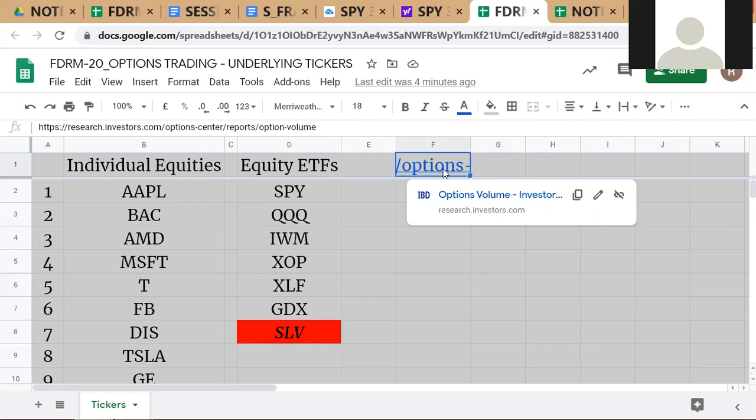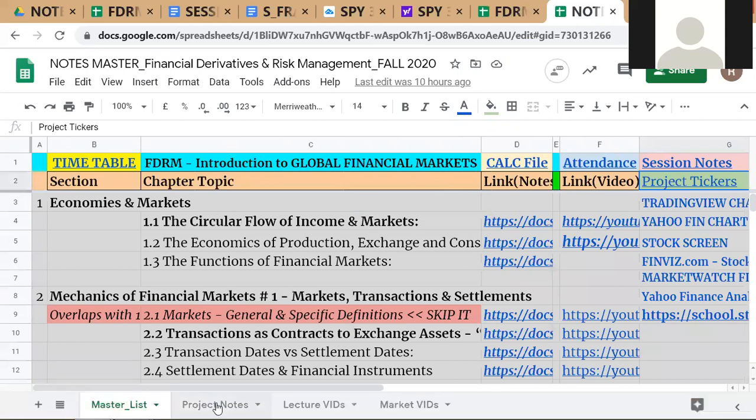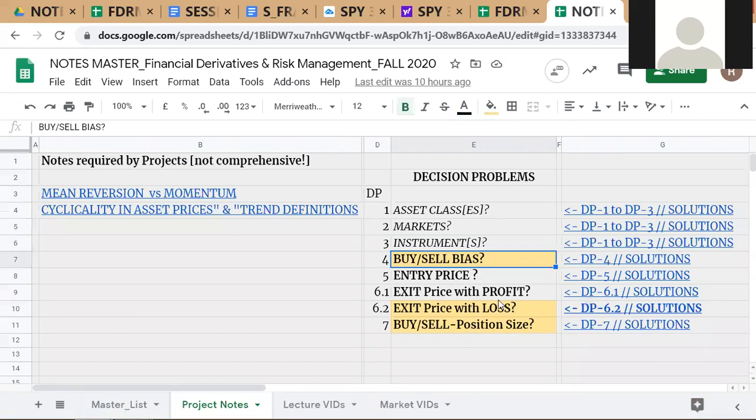Remember, it is connected to your slippage. If you trade in liquid markets, your slippage will be low. So when you have a stop, remember what we discussed: exit with loss, connected to position size.